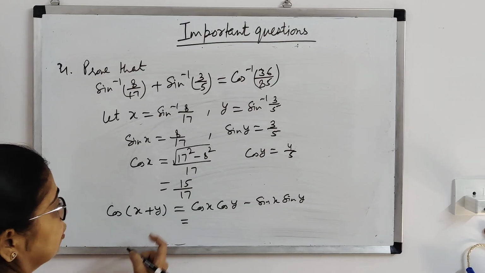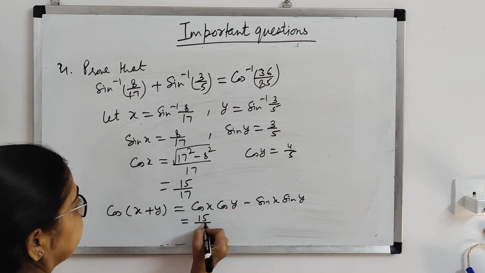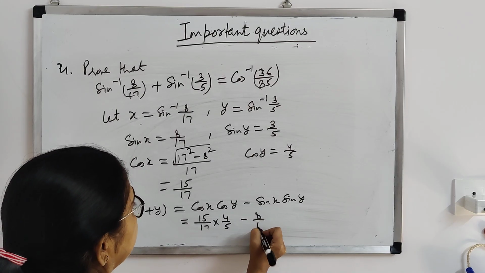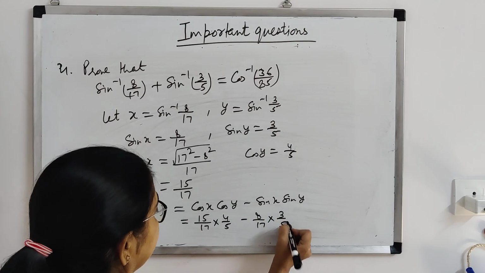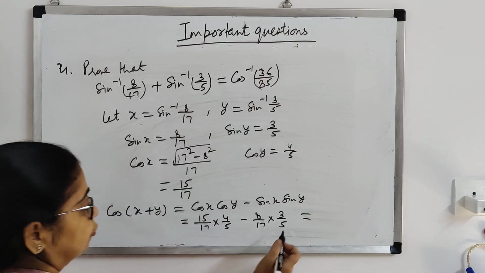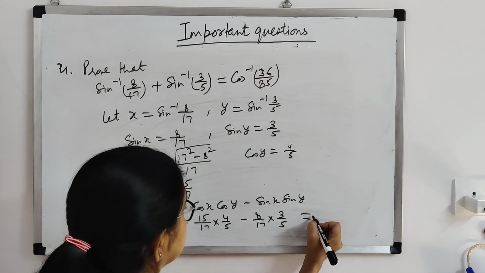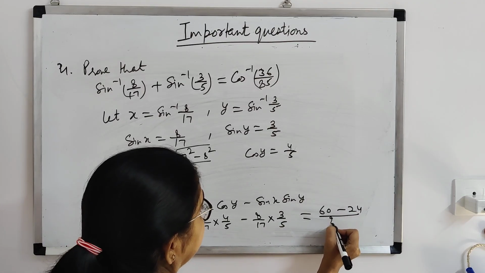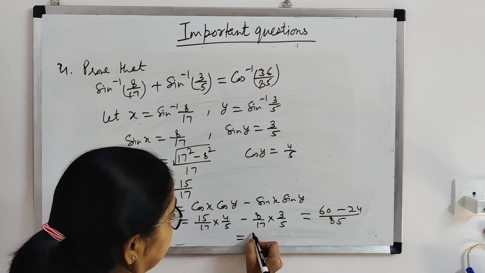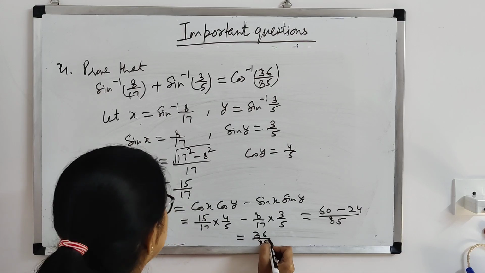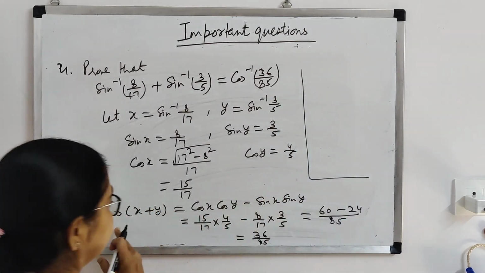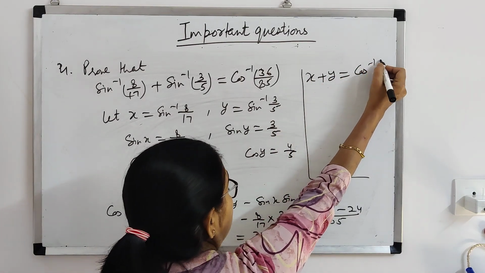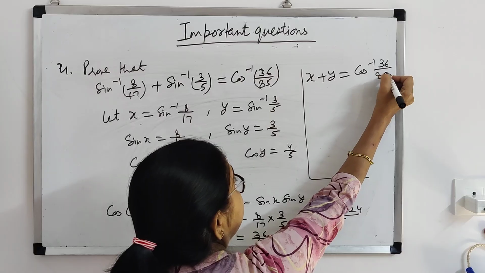And cos x cos y means 15/17 into 4/5 minus 8 by 17 into 3 by 5. 15 fours are 60 minus 24 by 85, which is equal to 36 by 85. So easily you can see x plus y is equal to cos inverse 36 by 85.